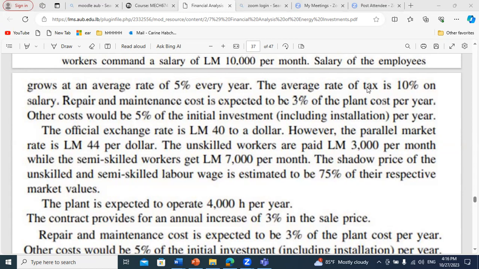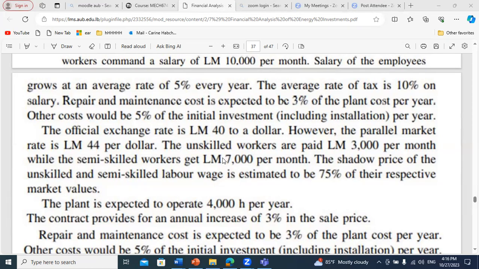So for example, here they talked about a tax for the salary of skilled persons. Here it should be clear. It's not very clear in this given. They should add that the average rate of tax is 10% on salary of skilled person, because for semi-skilled and unskilled, they considered the reduction of 75%. If in the given they tell you, for example, we have 10% tax on skilled, 5% tax on unskilled, and 7% tax on semi-skilled, you use the percentages given.